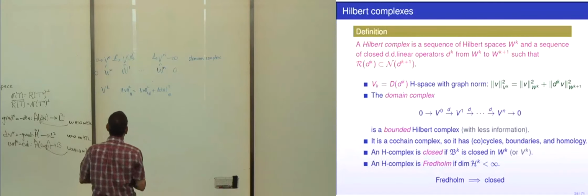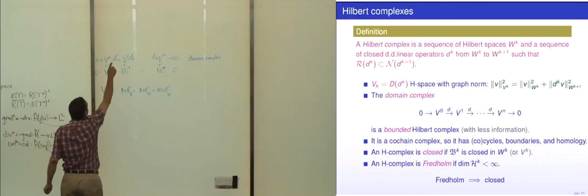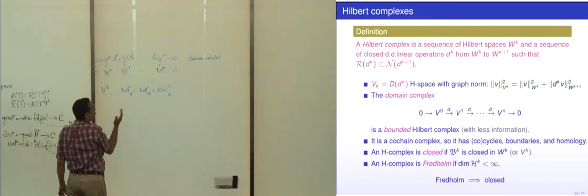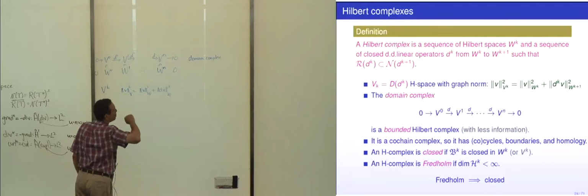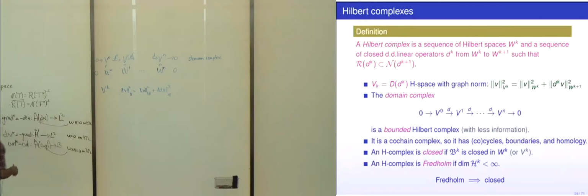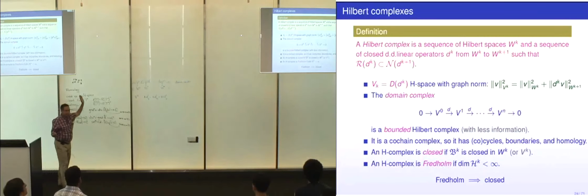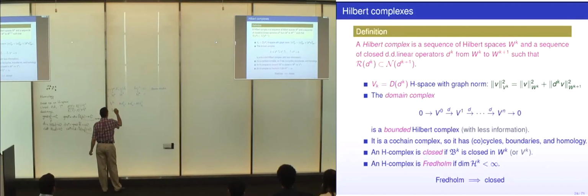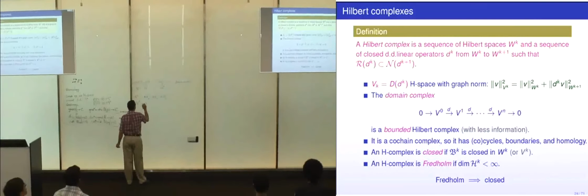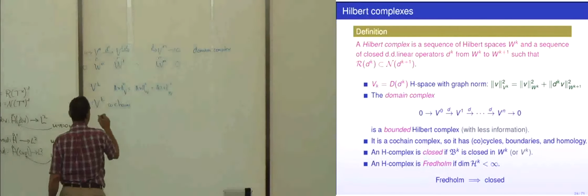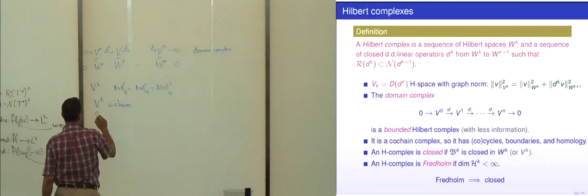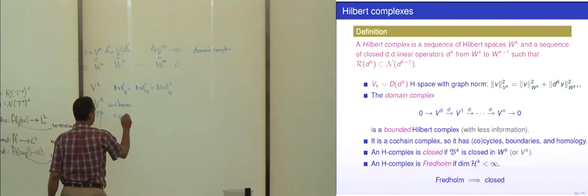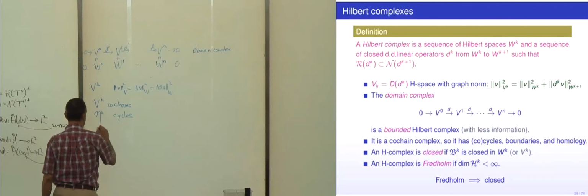Okay, now the domain complex is also, if you forget about the topology altogether, vector spaces and linear maps, so it's a complex like we studied in chapter 1 on homology. It's a co-chain complex. So it has co-chains, which are just the elements of the domain, but more importantly, it has cycles, which are the null things in the null space, and boundaries.